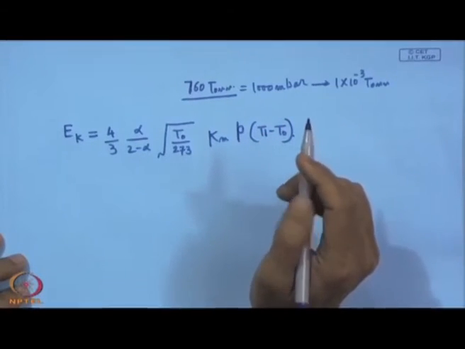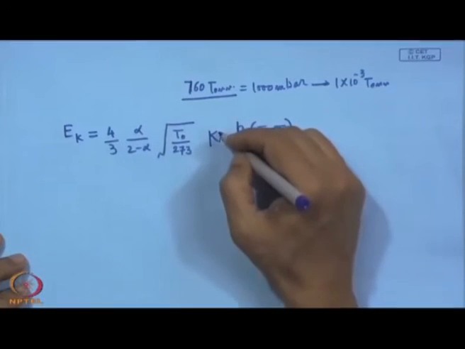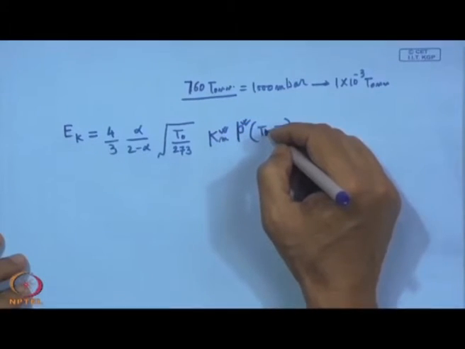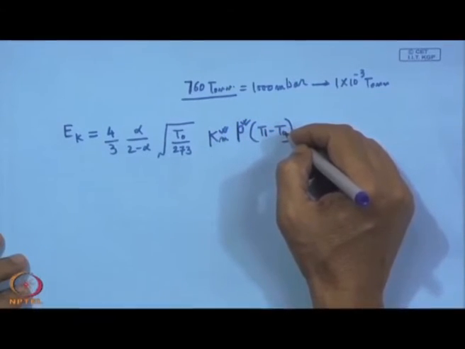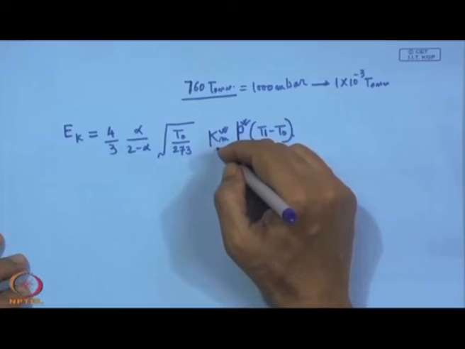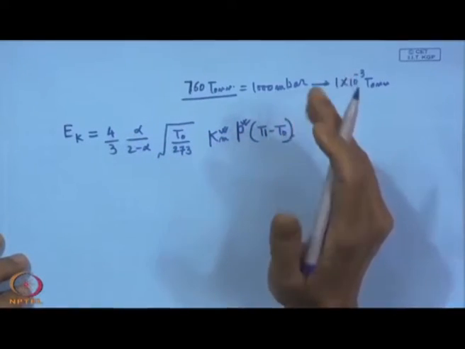Here we find that alpha is called the accommodation coefficient, this is the molecular thermal conductivity, this is the prevailing pressure, this is the temperature, and this is the room temperature. And here we find that the lower the molecular thermal conductivity, the less will be the heat conducted by the gas.